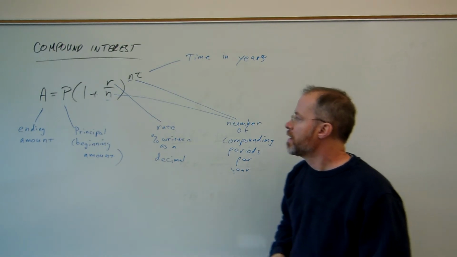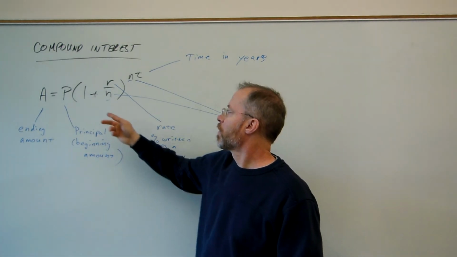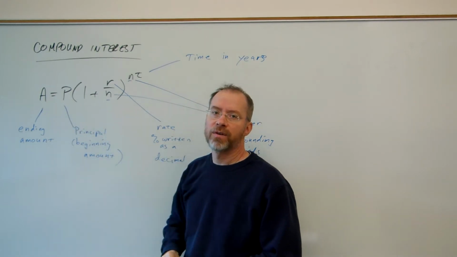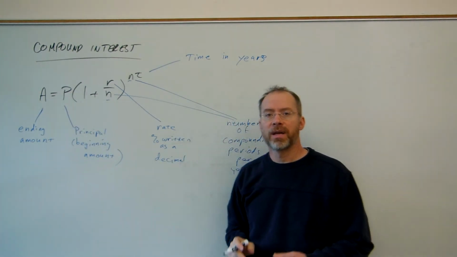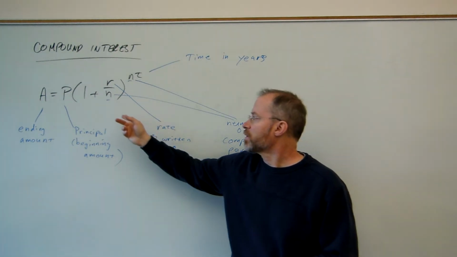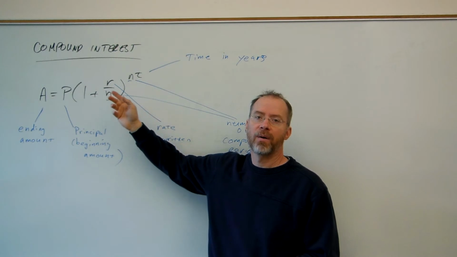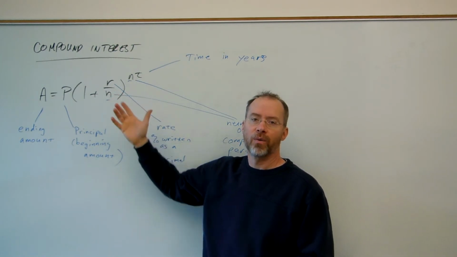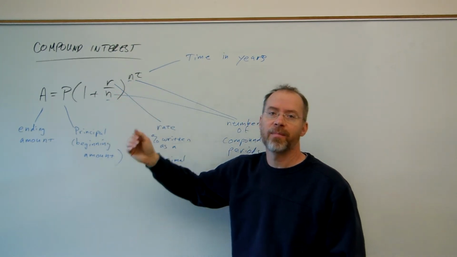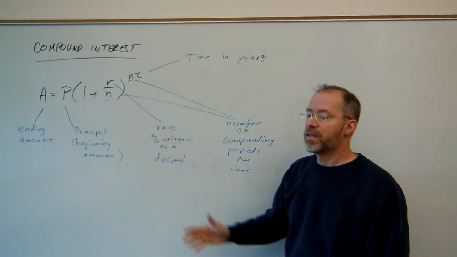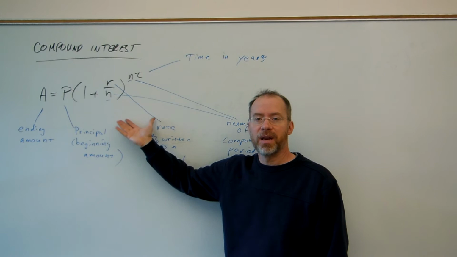And then you've got a compound interest formula that isn't based on compounding a certain number of times a year, but compounding continuously. It turns out that if you explore this and you see what happens as you go from quarterly compounding to monthly to weekly to daily to compounding every hour or every minute or every second, there's a limit to how much money you get out of this.